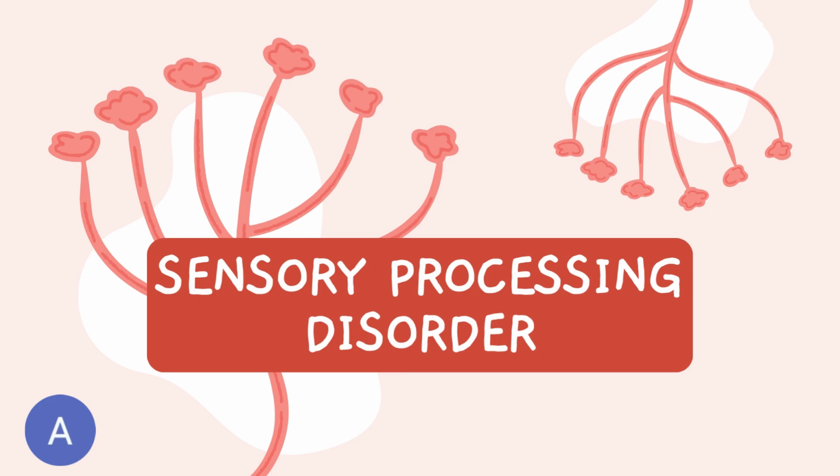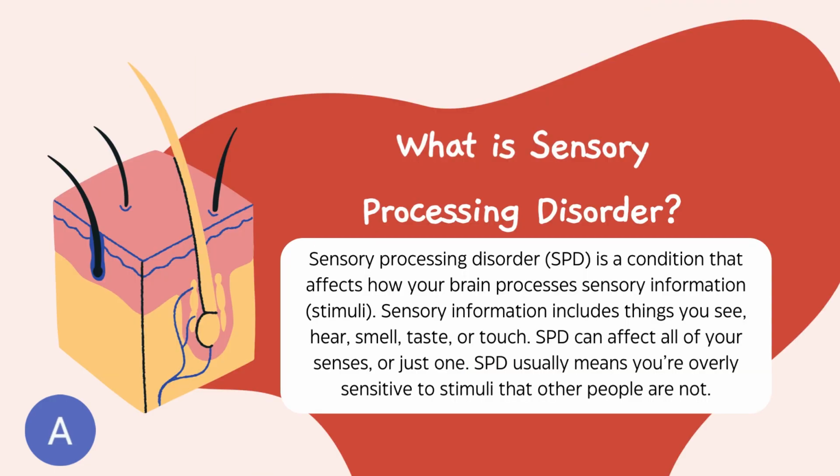So let's learn more in the next slide. Alright. So SPD is a condition where the brain has difficulty receiving and responding to information that comes through the senses. So this can affect how someone responds to stimuli such as touch, sound, sight, and movement.